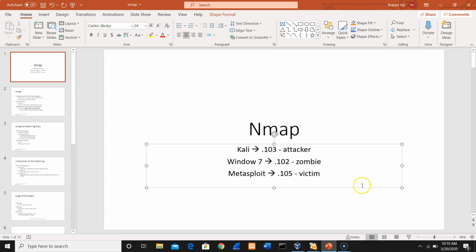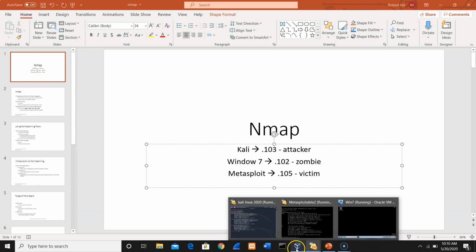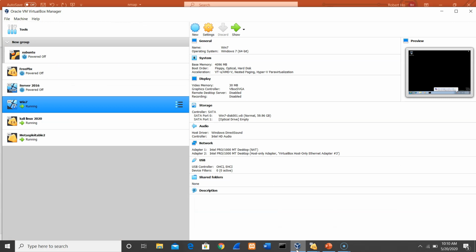Okay, so if students do not know how to set up the Kali, Windows 7 and Metasploit, make sure that you set up the VMs first before you can do this lab exercise. As you notice, I'm using VirtualBox with three VMs: Windows 7, Kali Linux.